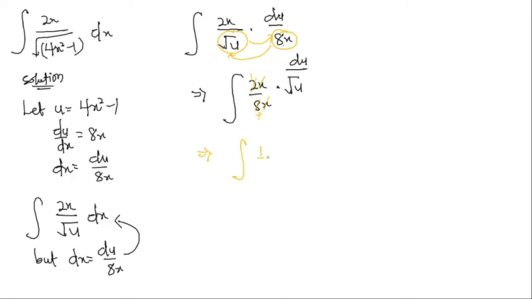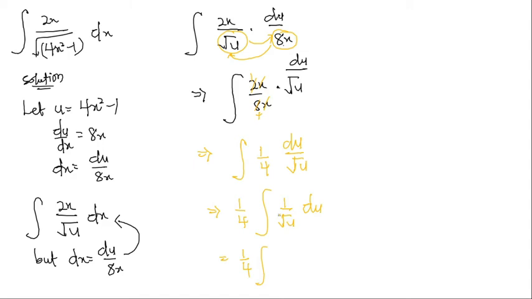So we have 1 over 4 du on root of u. If we bring the 1 over 4 outside, we have 1 over 4 integral of 1 over root of u du.